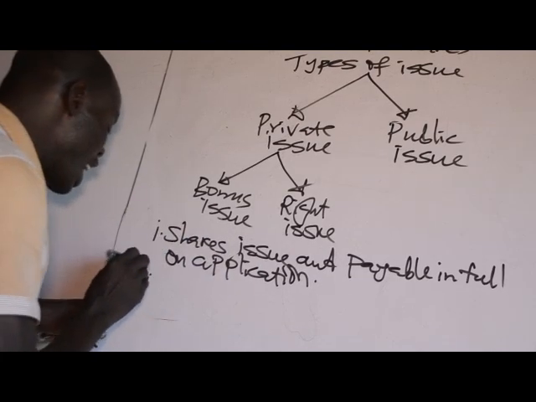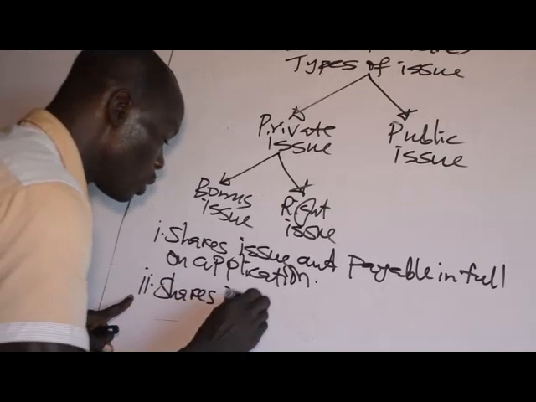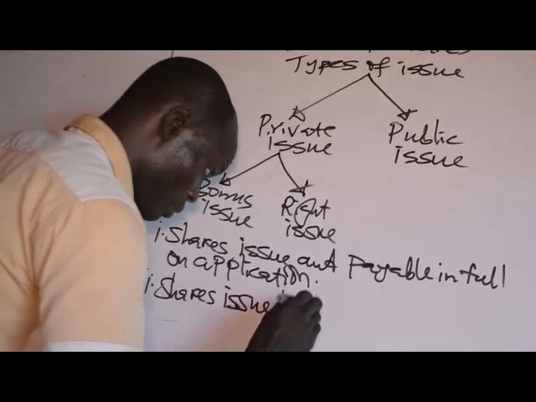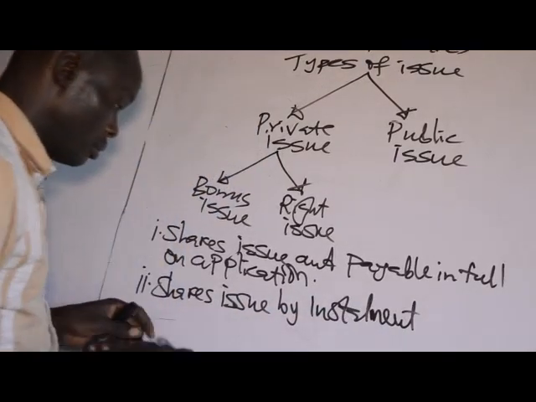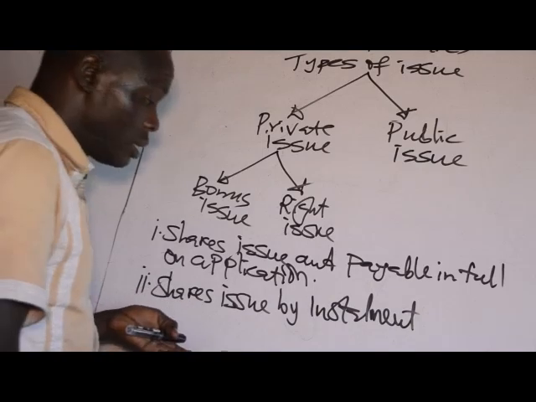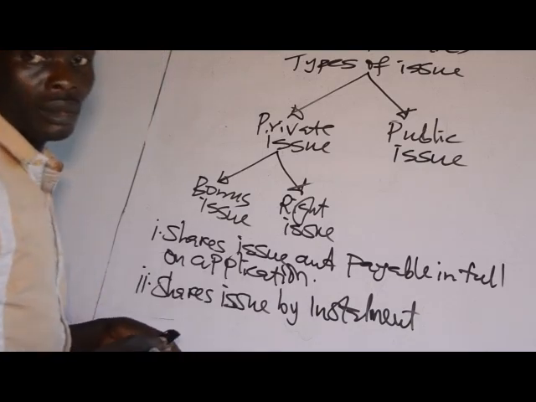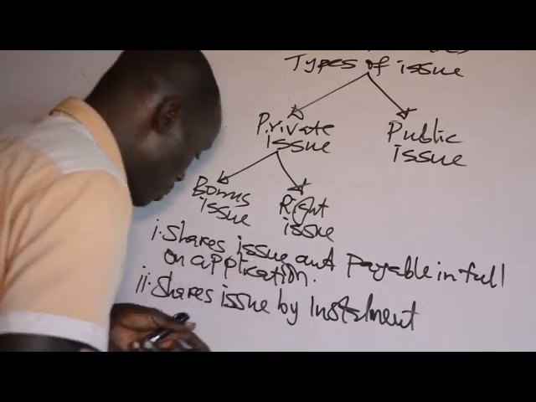The second one is shares issued by installment. Don't forget, I've told you that the issue of shares means sales of shares. Meaning that the proceeds will be payable in installments.